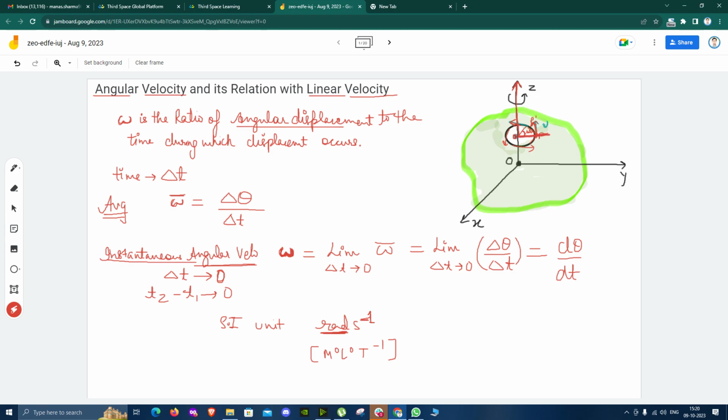As you can see here, the angular displacement was increasing in this direction, going from point P to point P dash. Theta was increasing, so omega will be taken positive in that case. But let's say it was at position P dash and then coming back. Theta was decreasing now. That means the particle is now moving in the clockwise direction. Then the direction of omega will be downward, and omega itself we have to take as negative. For clockwise direction of the body, omega will be negative.